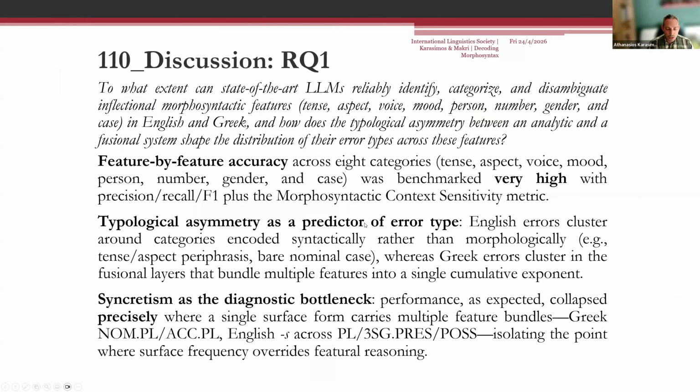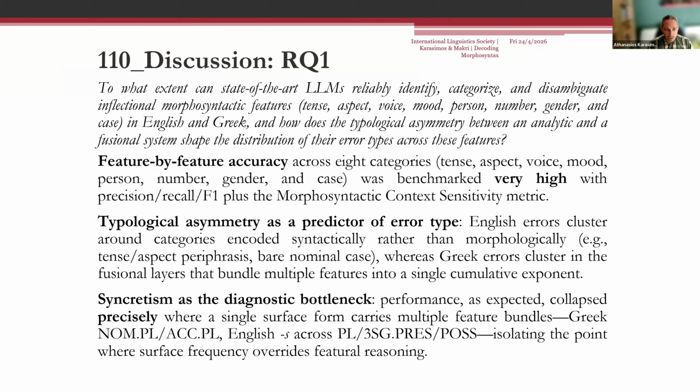Now, to return to our research questions, in the first one, we saw that feature-by-feature accuracy across the 8 inflectional features was benchmarked very high with precision, recall and F1, plus the morphosyntactic context sensitivity metric, as we saw in our rubric.